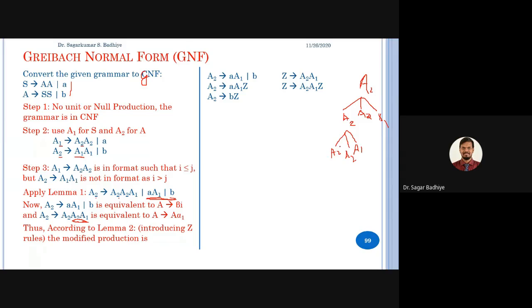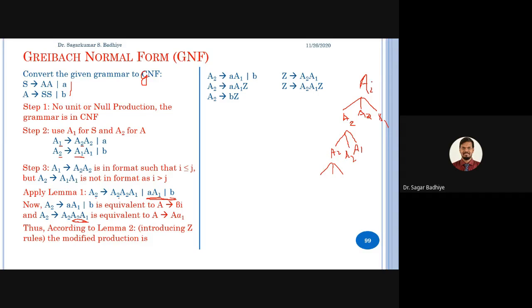And again this A2 will be, because we need to go to the depth of the tree, so every time this would be expanding as A2 A2 A1, every time this will happen, right? Because this will be the first time first rule, right? This we will study in detail when we'll study compiler design in the next semester.